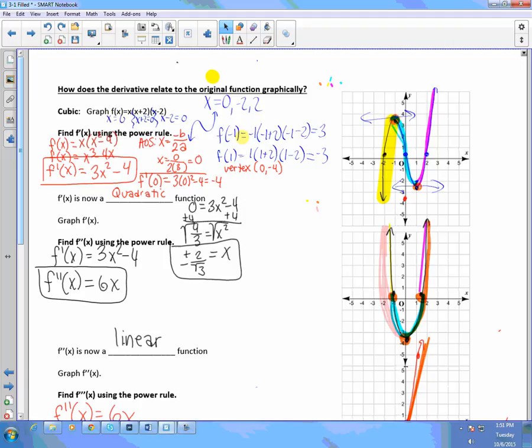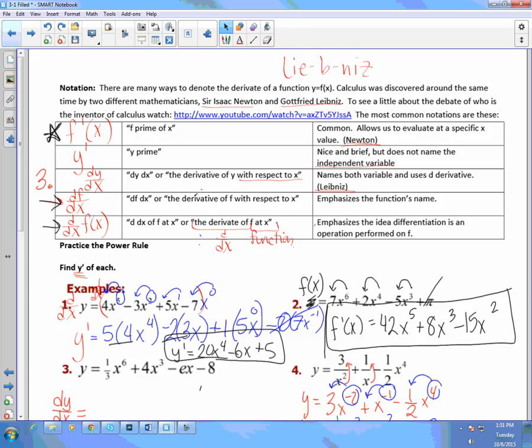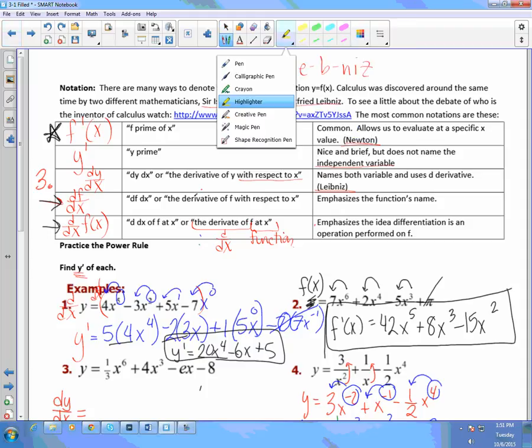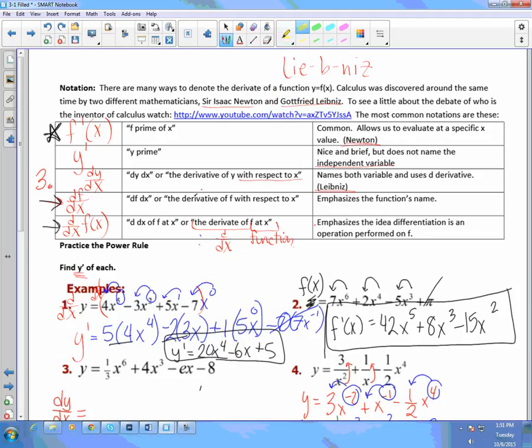Some of the different types of notations, I think the most useful ones would be this one and this one. One of which belongs to Newton, the other one to Leibniz.